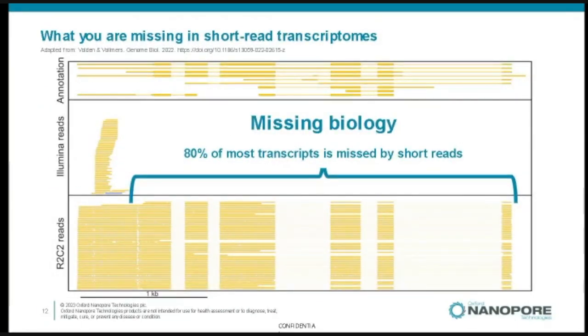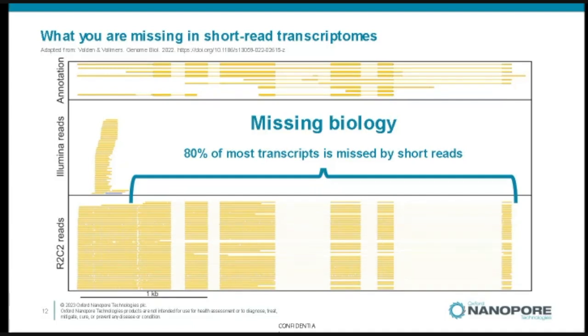Therefore, the main message here today is that short read sequencing is missing a lot of biological information. Here I'm showing an image adapted from Workman and colleagues. We are focusing on the gene called R2C2 here.